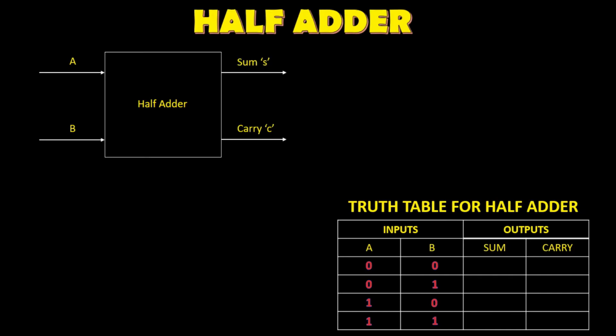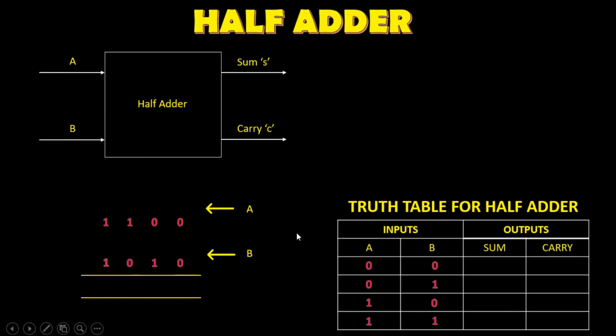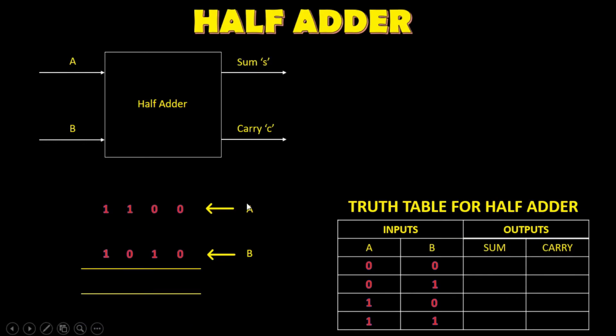To find the sum column here, the first output of this half adder, we would use what is called binary addition. This is column A and B down here.